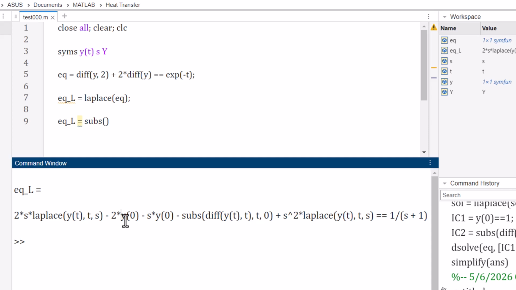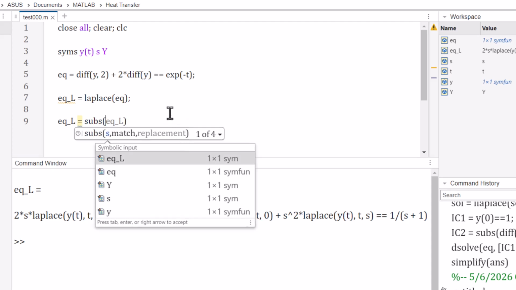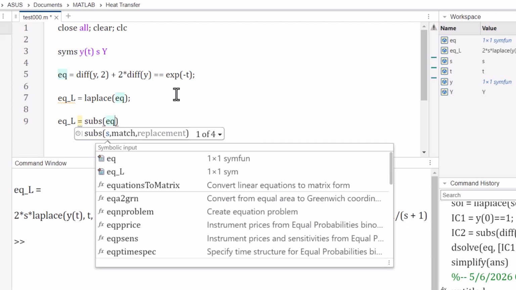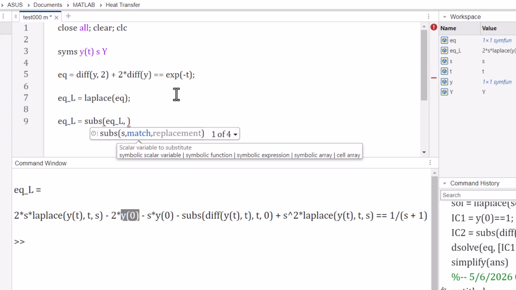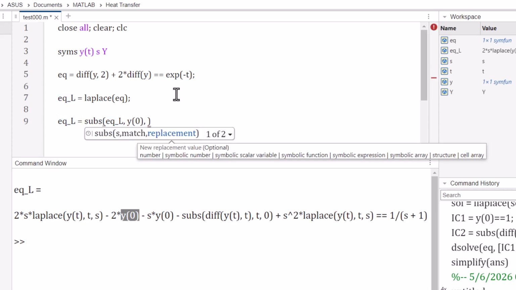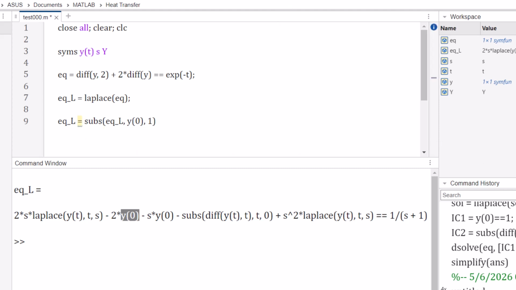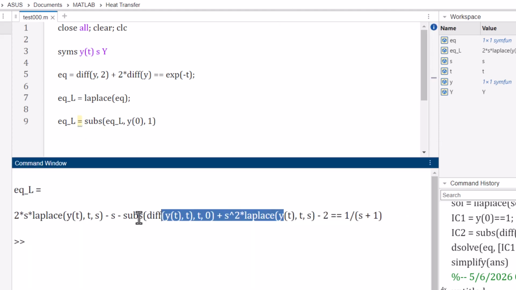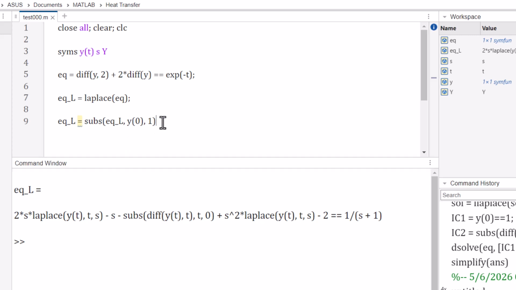So I have y at 0, and I'm going to use subs command to put my initial condition into equation L. So instead of y0, I'm going to put 1. Now I run my code, and you see the equation has become a little simpler.